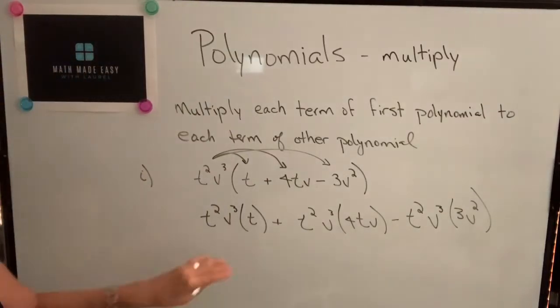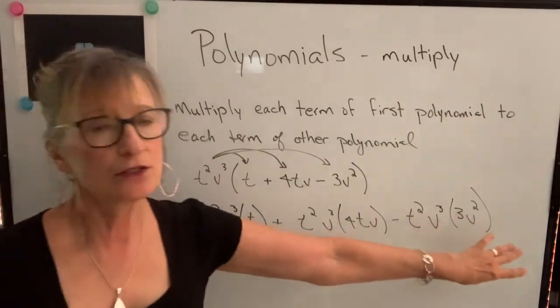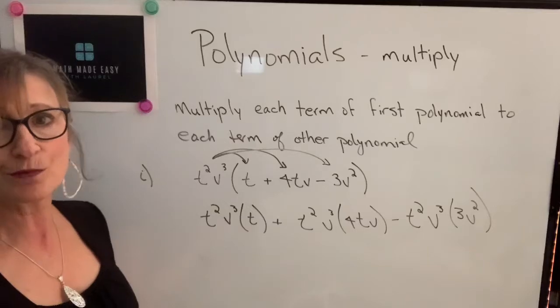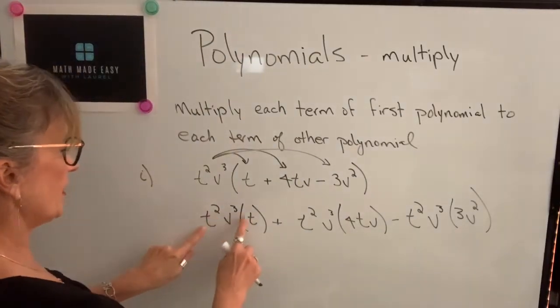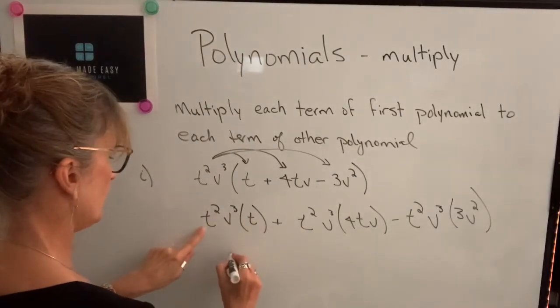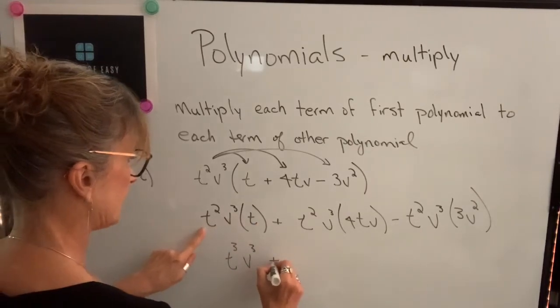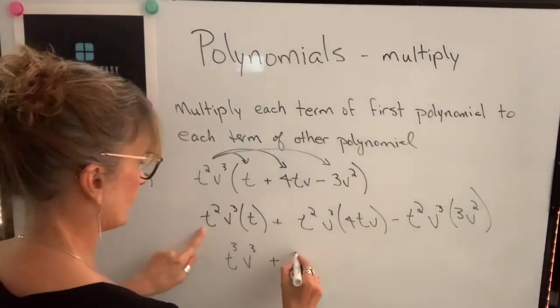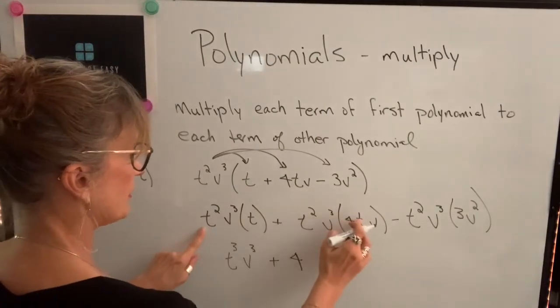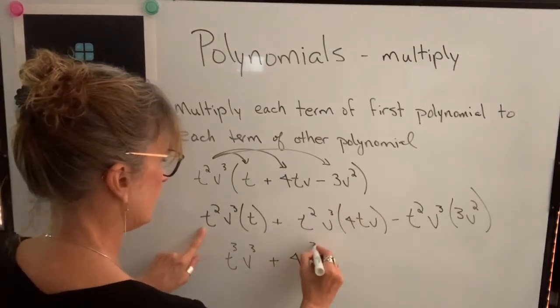And now what I'm going to do is just simplify each of these terms using my rules of exponents. So t squared times t, we add the exponents, will be t cubed, and then we have v cubed. Plus 4 times 1 is just 4. T squared times t is t cubed.